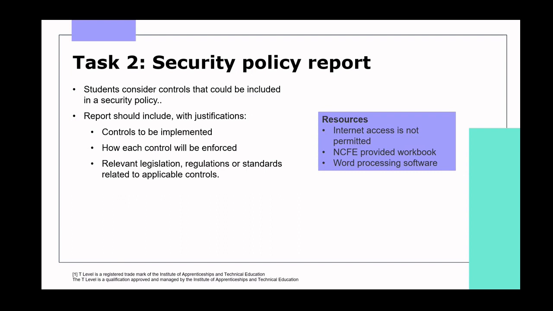And students will add this to the NCFE provided workbook. And again, those justifications for the controls being present. And students should also explain how the controls are going to be enforced and legislation practices, ensuring that they're referenced to any of those controls where that would apply.